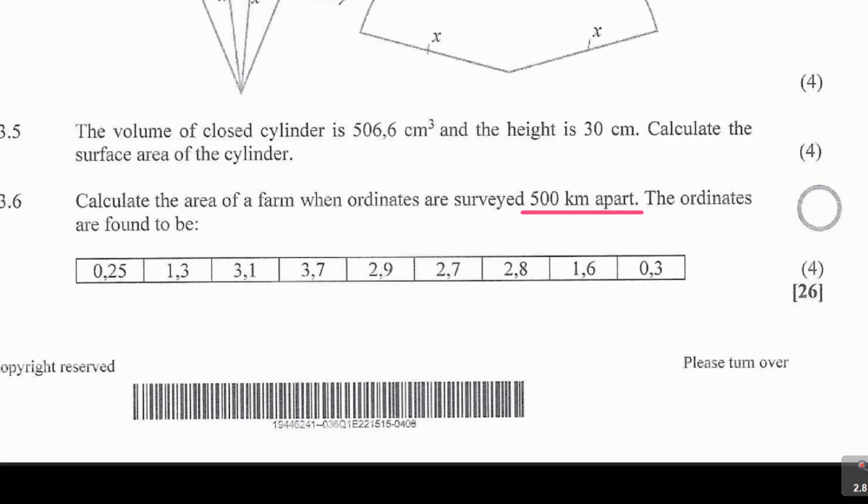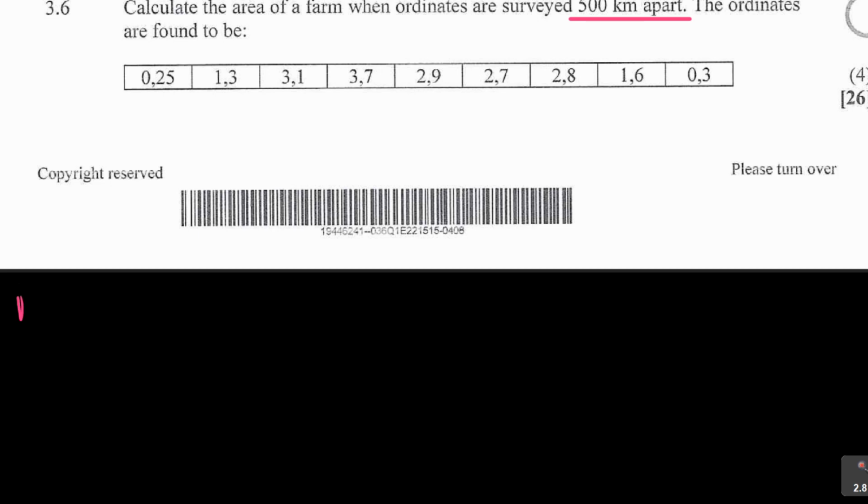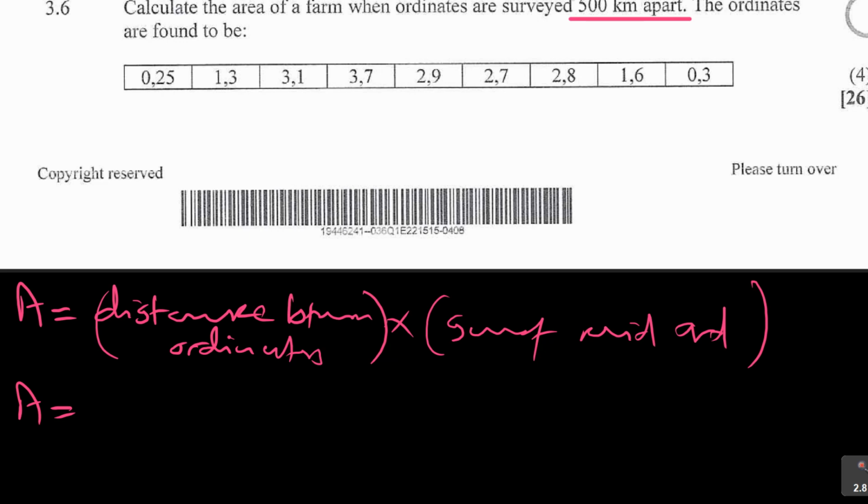So you come here and write that area A is equal to distance between ordinates times sum of mid-ordinates. I'm just writing it in brief. So area is equal to, they told us the distance there is 500 kilometers apart.